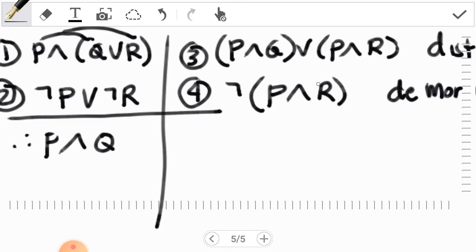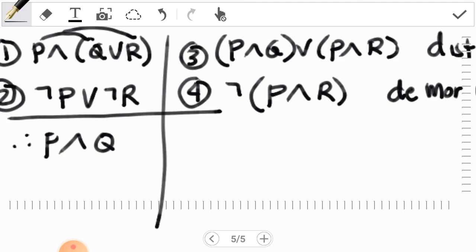We are using 2 premises here, and we want to retain this. Look at your list. What can we use? This is an or. This is a negation of one of the propositions here. And you will find this under disjunctive syllogism, number 6 of rules of inference.